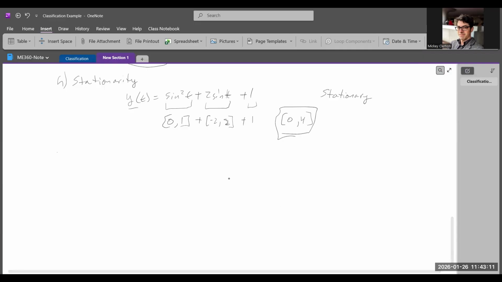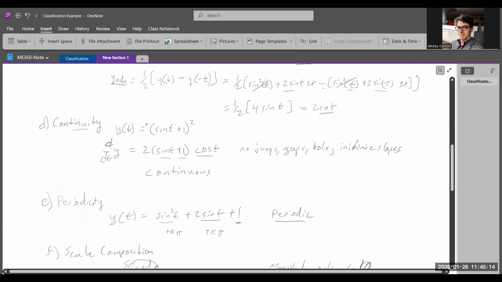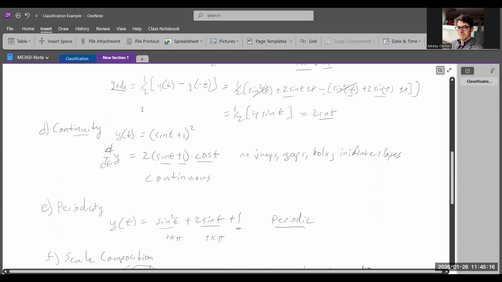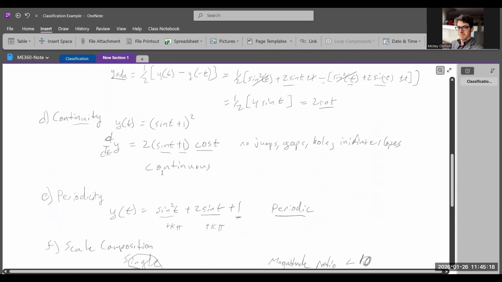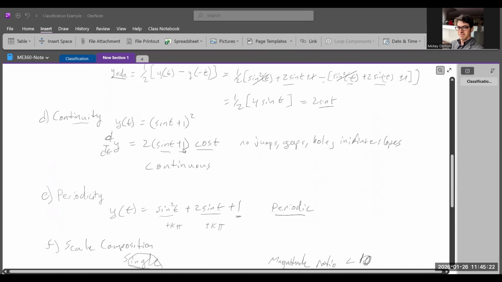Next, we have regularity. And for regularity, did we already compute the derivative? Yeah, so we already computed the derivative for the continuity to see if there are holes, jumps, gaps, and it is continuously differentiable.